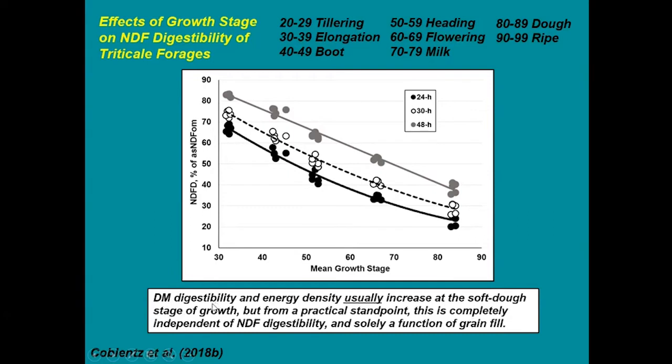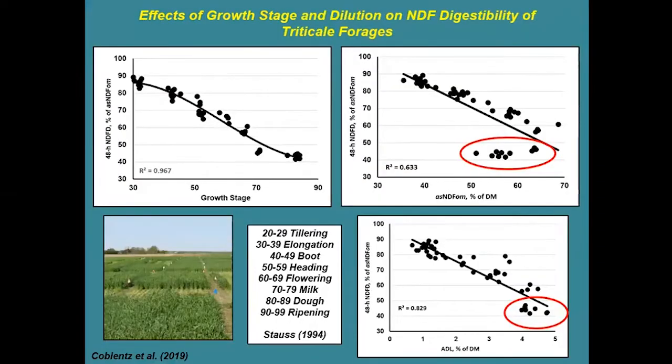So dry matter digestibility and energy density usually increase at the soft dough stage of growth. But from a practical standpoint, this is completely independent of NDF digestibility and solely a function of grain fill. So if you take that message home with you, I think that's important. To look at this another way, this is a different sample set.